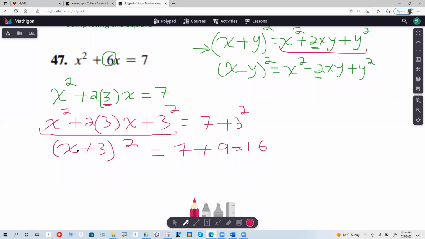Almost done, guys. Now I'm going to take the square root of both sides as follows. And a good idea, plus minus. And you're going to get plus minus 4. And here, the radical sign on the left-hand side and the square will cancel. You get X plus 3.